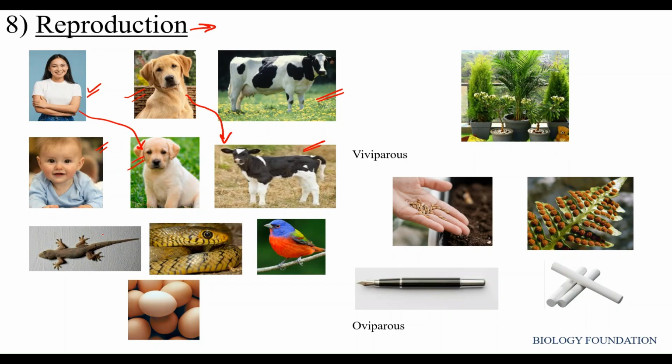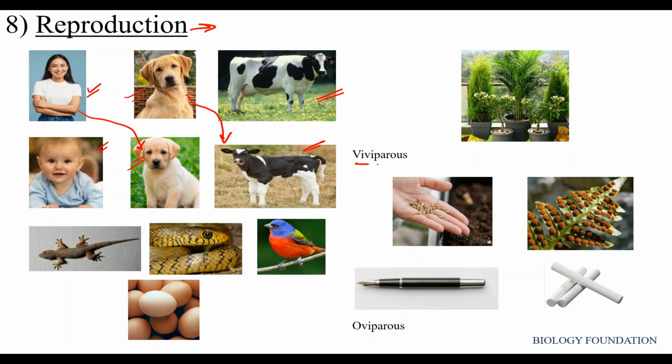Even snakes, lizards, and birds give birth to young ones, but first they lay eggs, and these eggs hatch to produce either larvae or the animals.